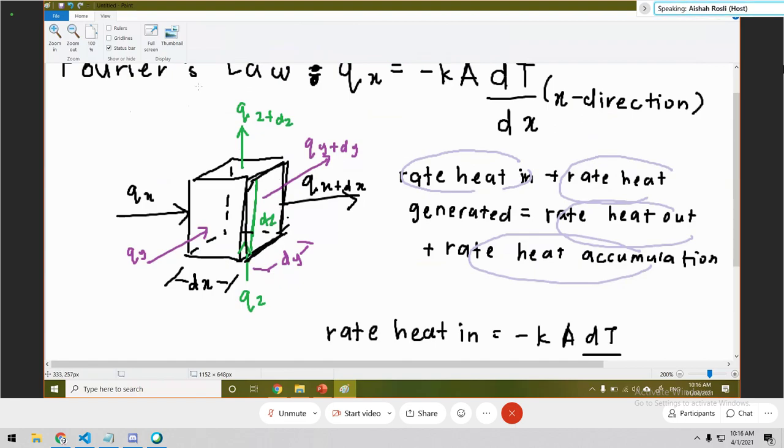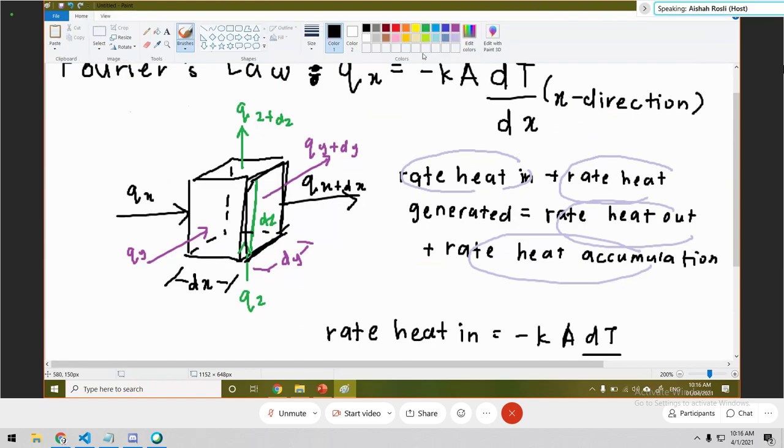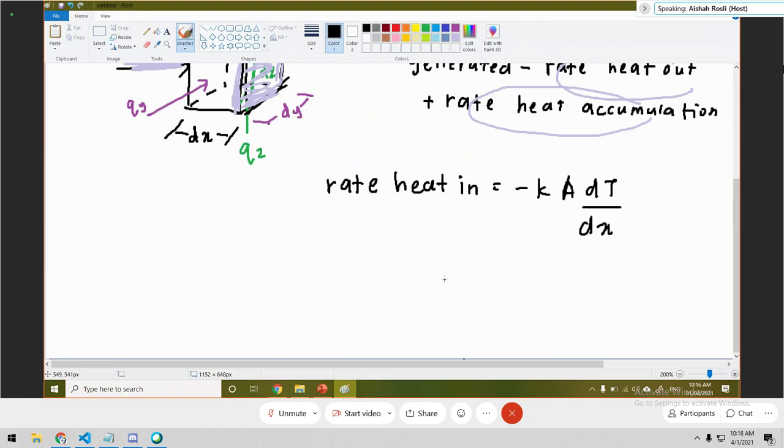Why is this so? Because if you see here, the x is coming in here and coming out here. The heat is coming out in the x direction, so it goes through this area. So in the x direction, the rate of heat in will be minus k dy times dz dT/dx.